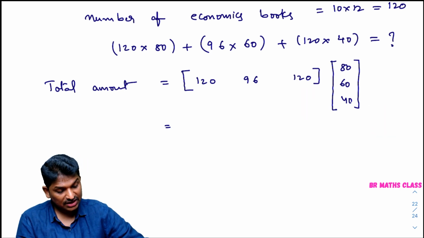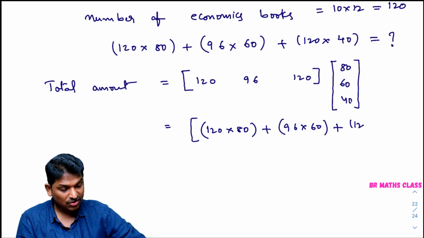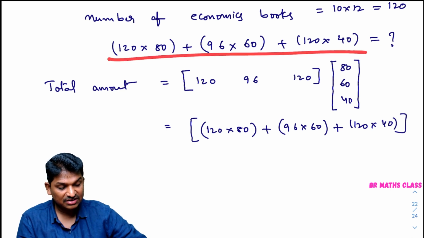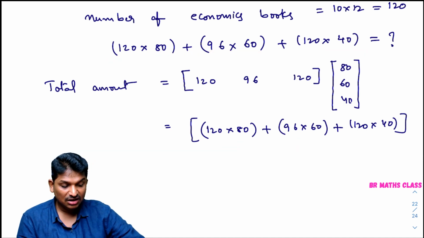So what will you get here? First row first column: 120 into 80 plus 96 into 60 plus 120 into 40. You can observe here, I got this equation through matrix multiplication, right?